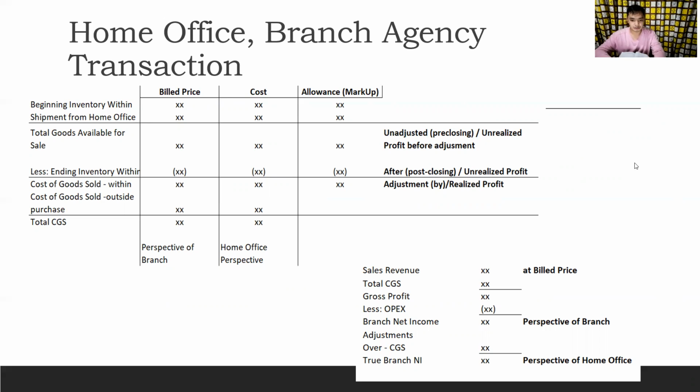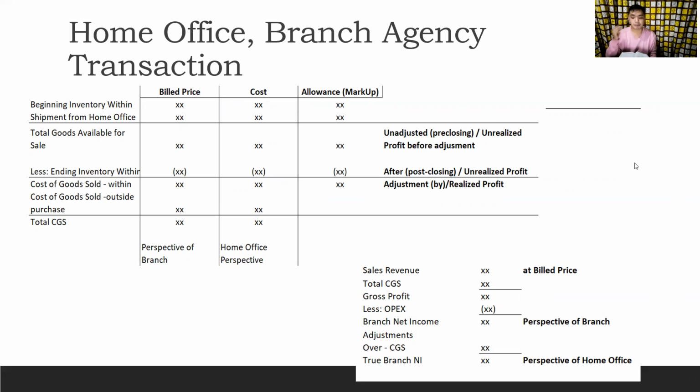Okay. Given the formula, billing price, beginning inventory within, this is the perspective of branch. The billing price, the home office perspective, is at cost, and allowance is the difference between billing price and the cost. Shipment from home office, total goods available for sale. This is unadjusted or pre-closing.